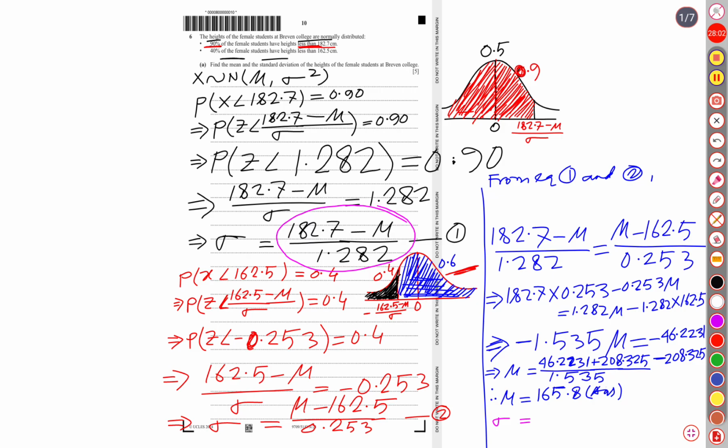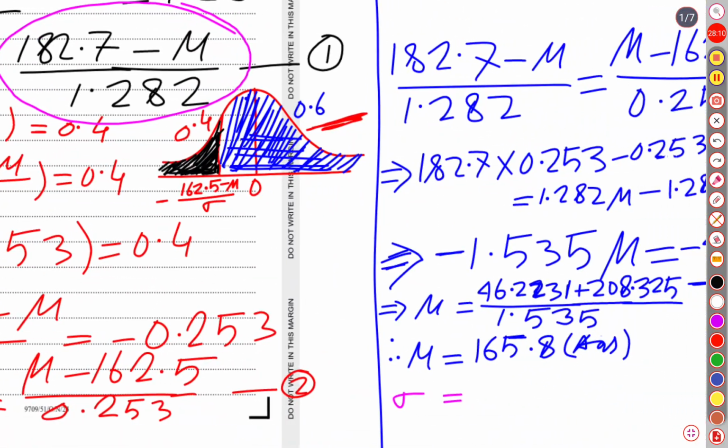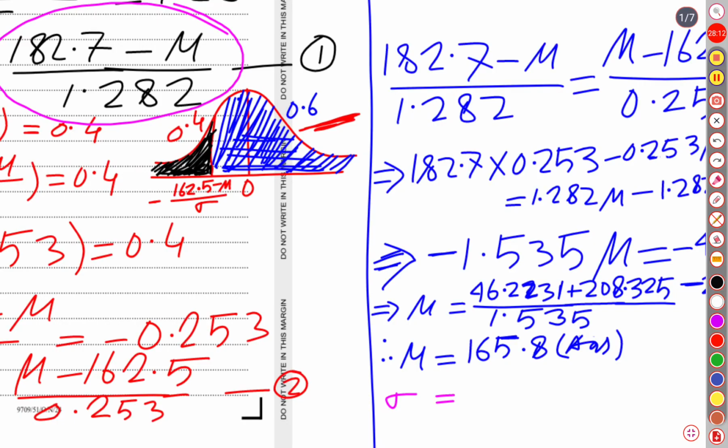The first equation was 182.7 minus mu. Let me zoom it out. It is 182.7 minus mu. Mu has already been obtained as 165.829, or 165.83, whatever you write.